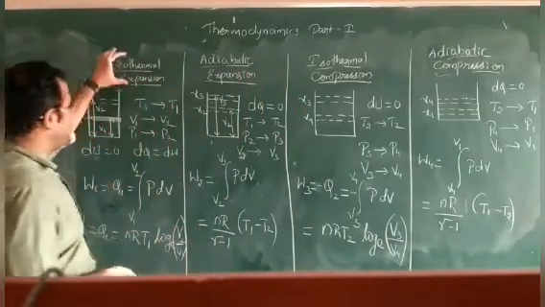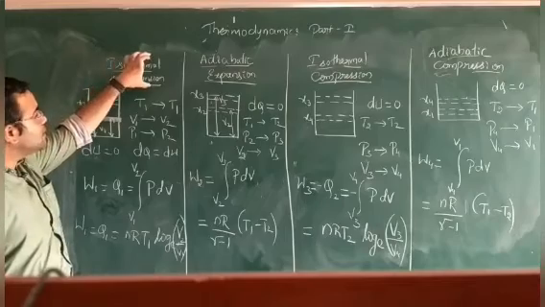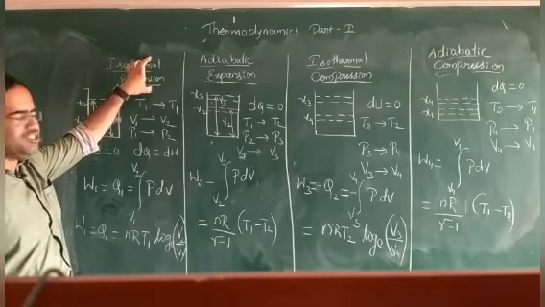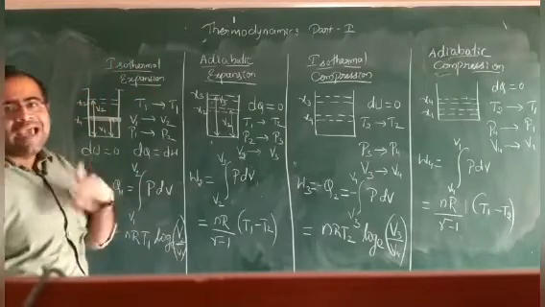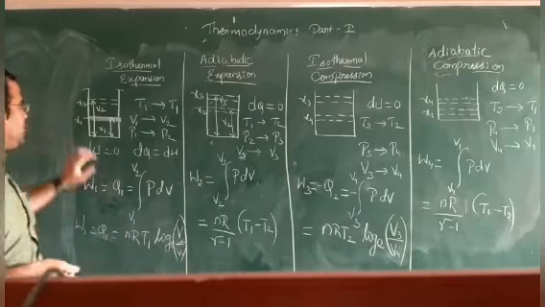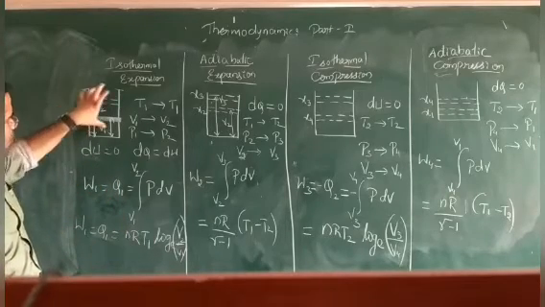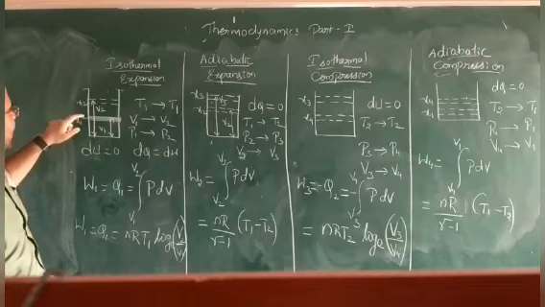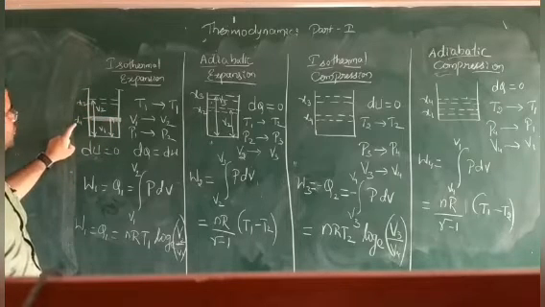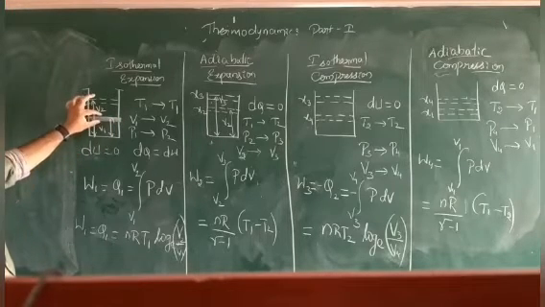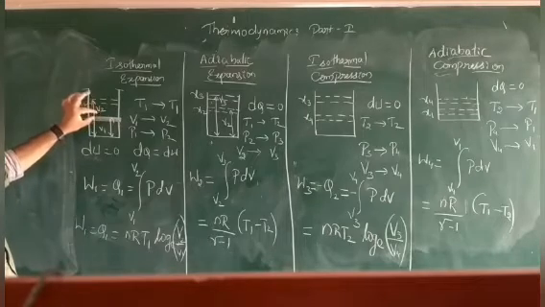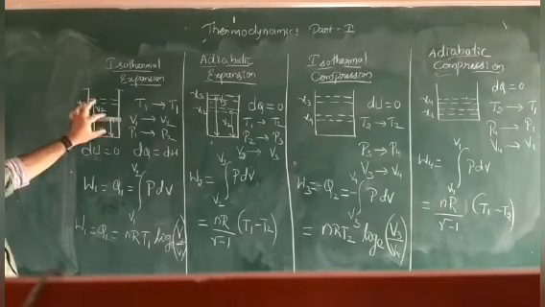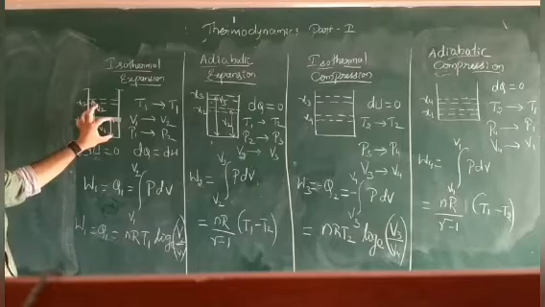So the first step, step one, we consider as isothermal expansion. We call this the first step, isothermal expansion. Now here you are going to observe a cylinder having a piston at a position of x1. When it is at position x1, it has a volume given by V1.